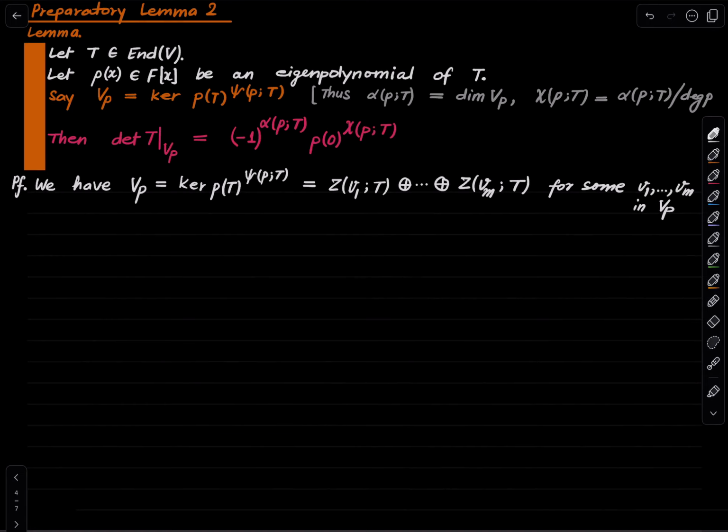So we use the cyclic decomposition theorem, and let us denote this thing by Z1 and so on up to Zm, just for convenience.